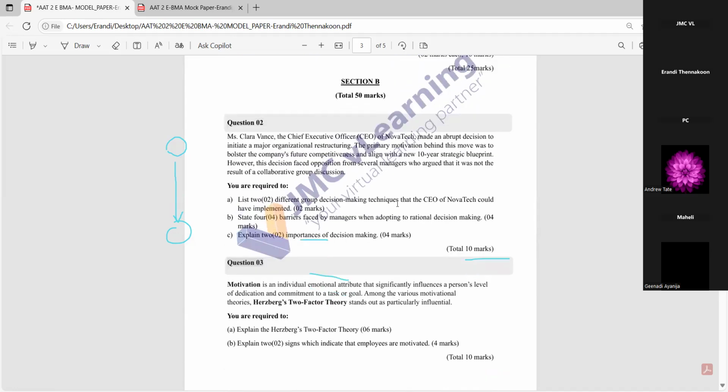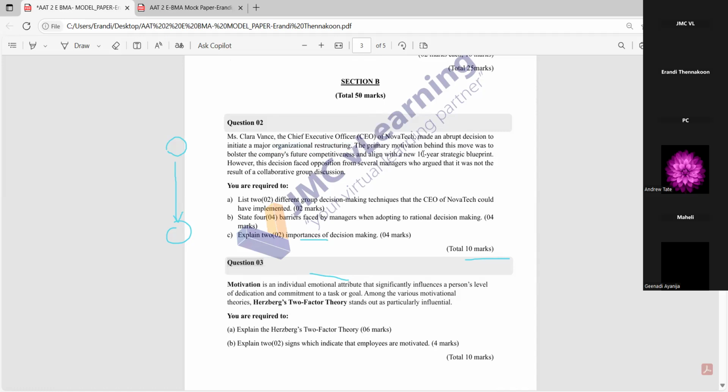Let's move on to section B. Okay, so here you will get 50 marks, right? When it comes to question 2, read this like it is an introduction which is related to these questions, right? Miss Clara Vance, the chief executive officer of Nortec, made an abrupt decision to initiate a major organizational restructuring, right?